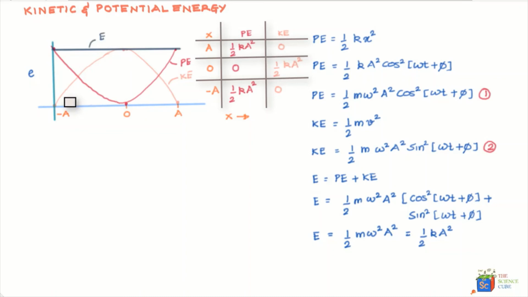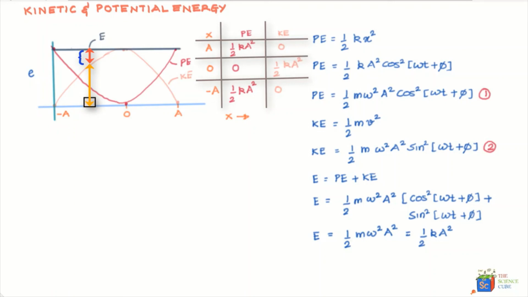Using this graph, it is shown that kinetic energy plus potential energy is constant energy, and that is proved by this graph. If we take the sum of kinetic energy and potential energy, we get constant energy.